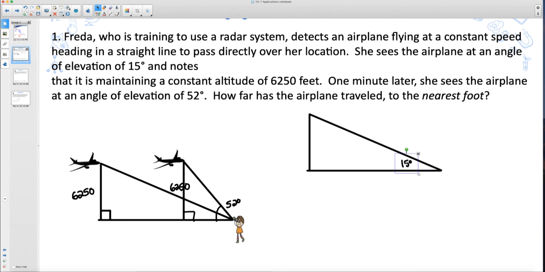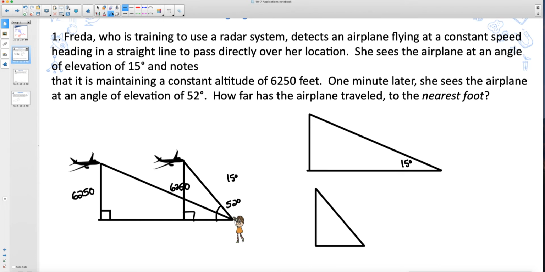So 15 degrees, I could move over there. Okay, and we have another right angle over here. Let me just go ahead and do that.